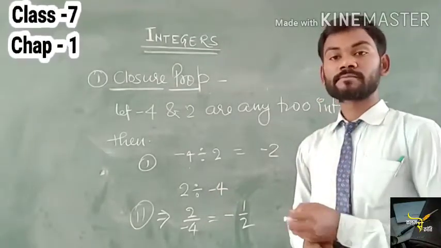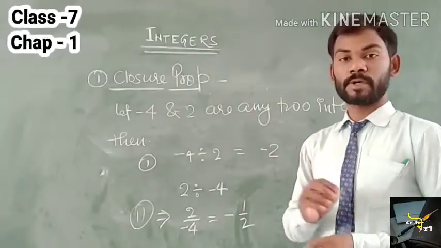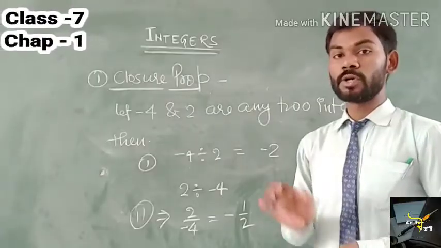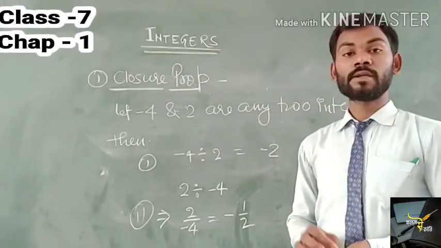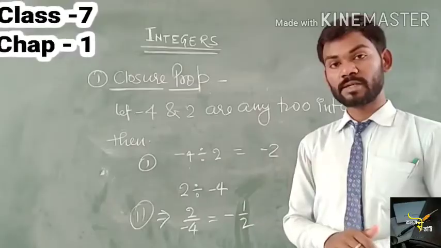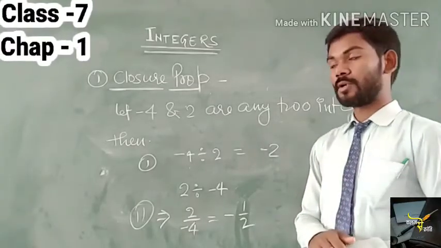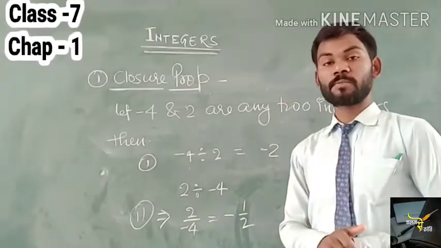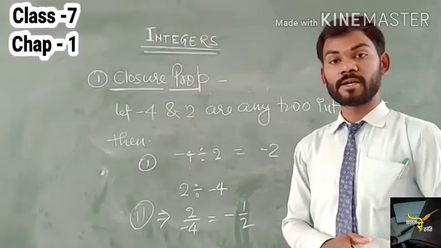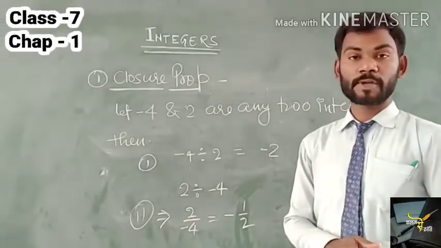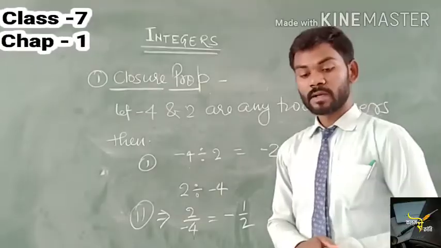So we can say that commutative property does not hold good in the case of the operation of division. Therefore, the commutative property is not satisfied by integers in the case of division.